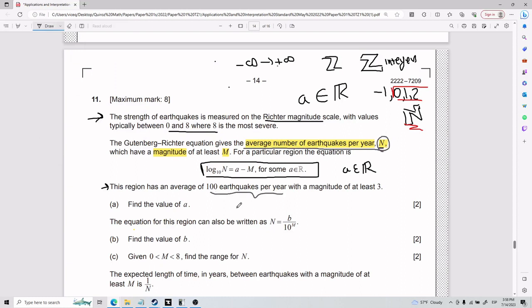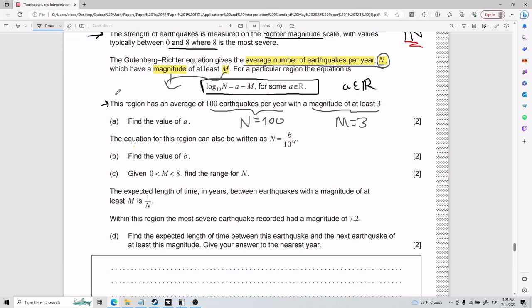So this here is telling me that N is 100. The magnitude of at least 3. Did I talk about magnitude at some point? Yes, right here, buzzword. So magnitude is 3. Okay, now we're getting somewhere. See, even if you don't know what log does, now we're getting somewhere. So for part A, find the value of a.